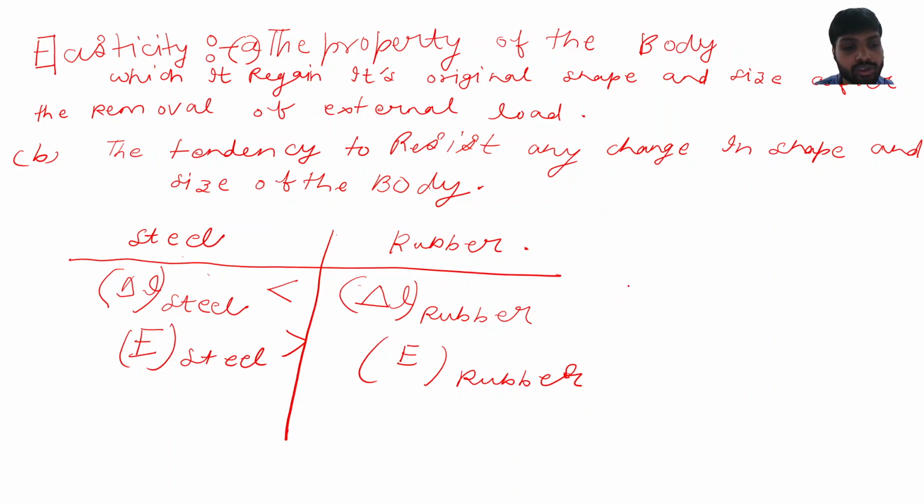And those materials whose modulus of elasticity is higher are considered more elastic as compared to those which have lesser modulus of elasticity. So steel is more elastic as compared to rubber.